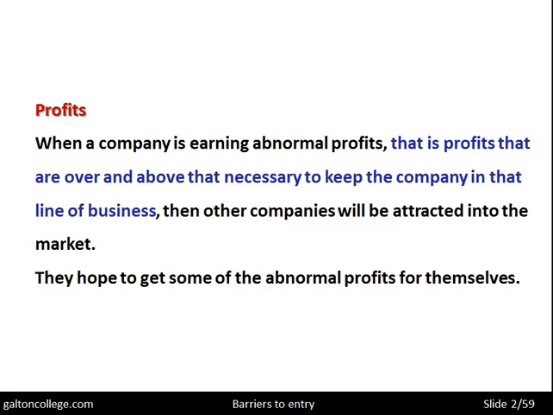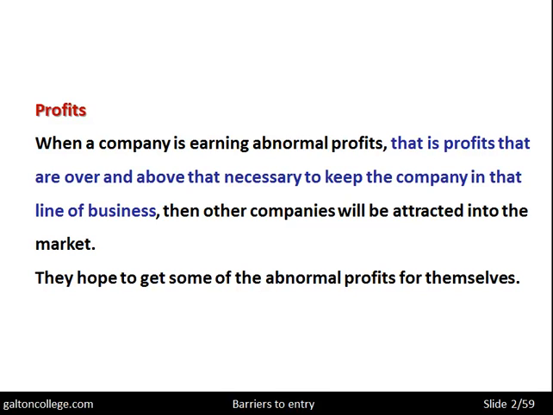In other words, when the company is making profits over and above that necessary to keep it producing, then we call those abnormal profits. We don't use quantitative measures. We don't say abnormal profits are lots and lots of profits. That doesn't mean very much. Abnormal profits has a particular meaning: the company is making more profit than necessary to keep it in that line of business.